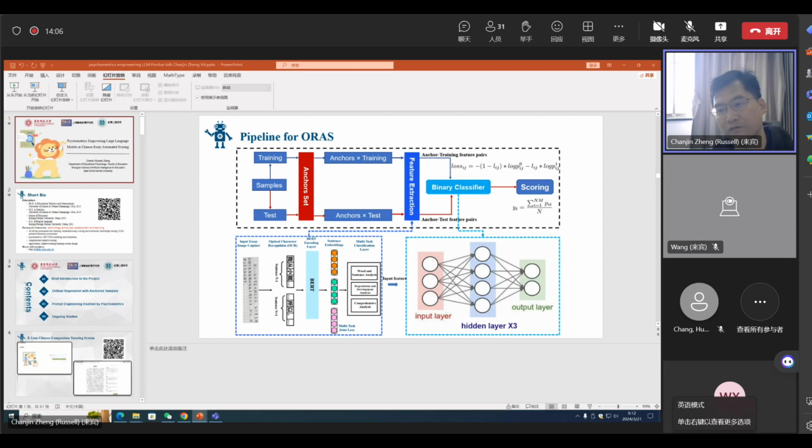After we get these features, we train a binary classifier. After we are done with this, we feed in the test sample, that means new essays, which go through the same procedure and get a score.